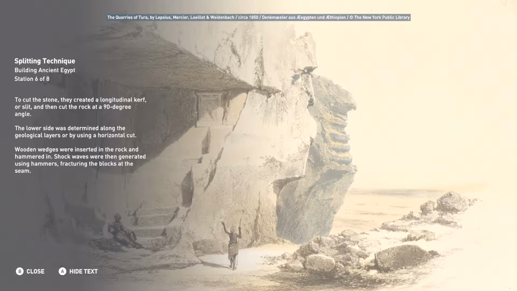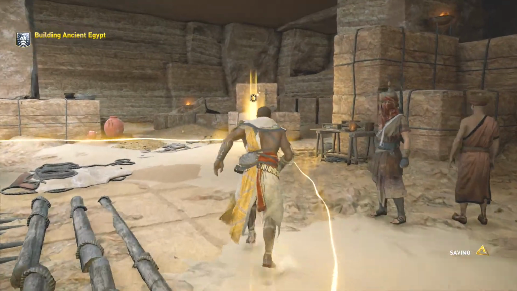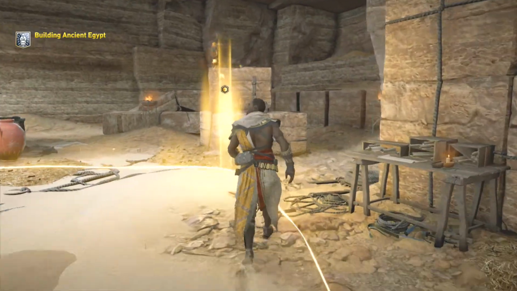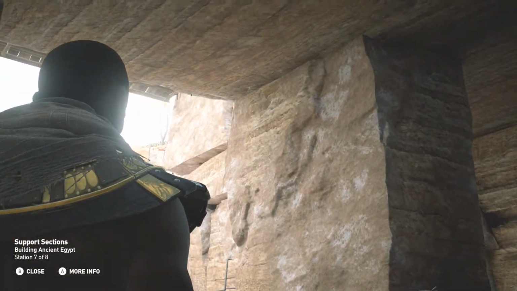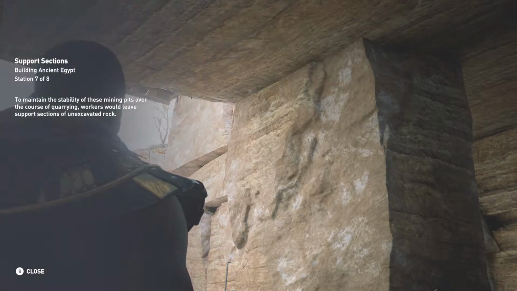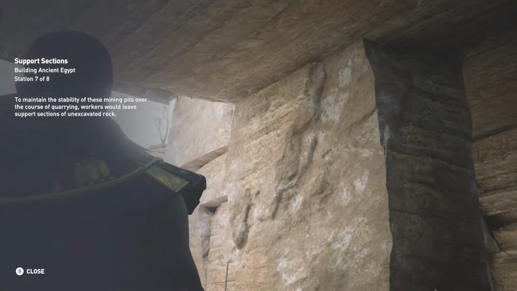Shock waves were then generated using hammers, fracturing the blocks at the seam. To maintain the stability of these mining pits over the course of quarrying, workers would leave support sections of unexcavated rock.